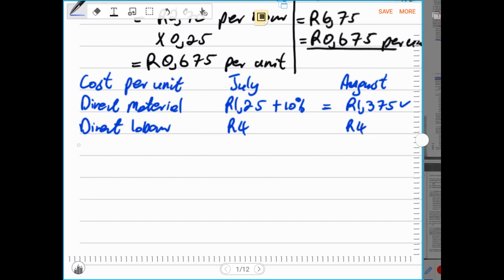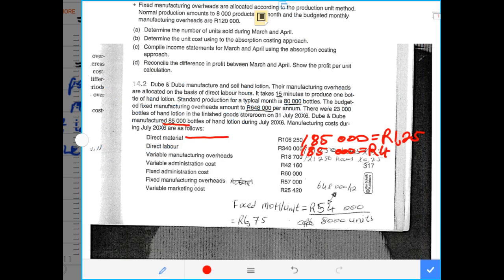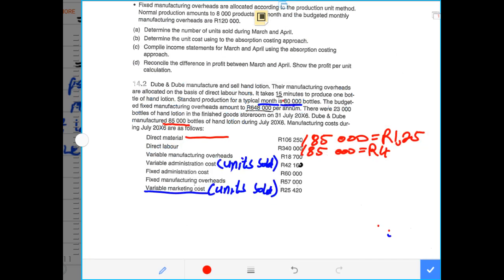Then after, we have to calculate our variable manufacturing overheads. Our variable manufacturing overheads were said to remain constant. There was no change in them. Here is the variable manufacturing overheads of 18,700.